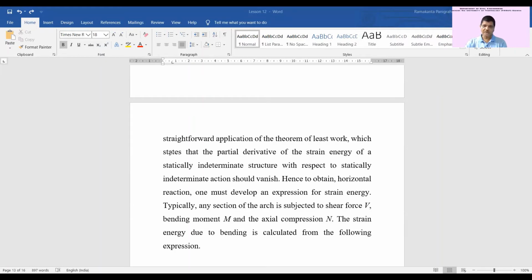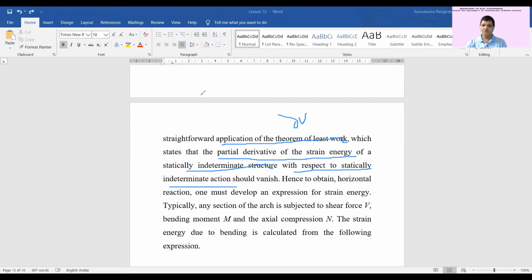So let us read once again what the theorem of least work is, or you can also use strain energy as we have told. The partial derivative of the strain energy, that means del U, of a statically indeterminate structure with respect to the statically indeterminate action.